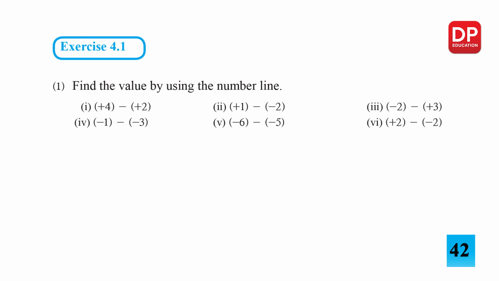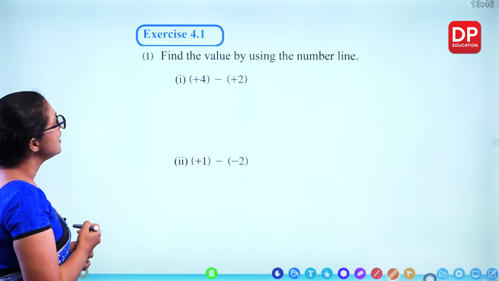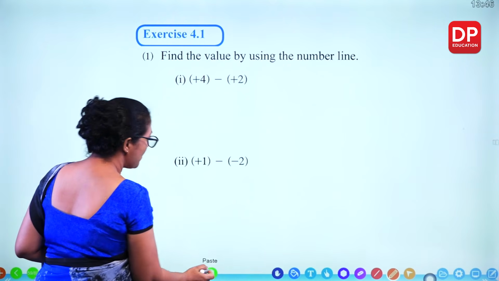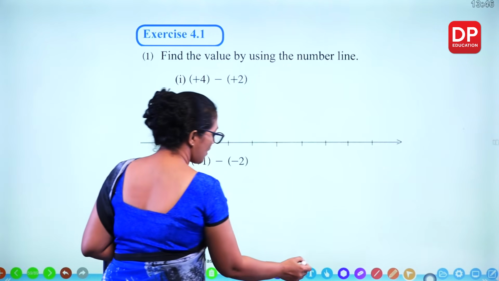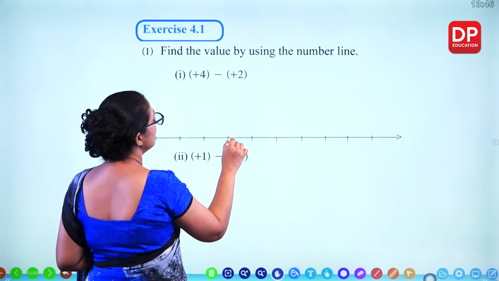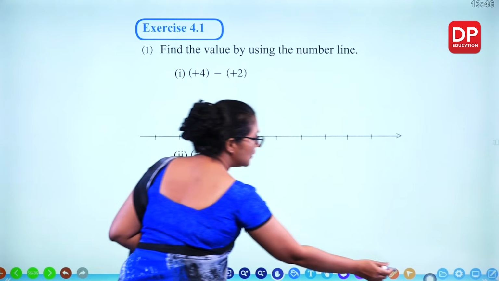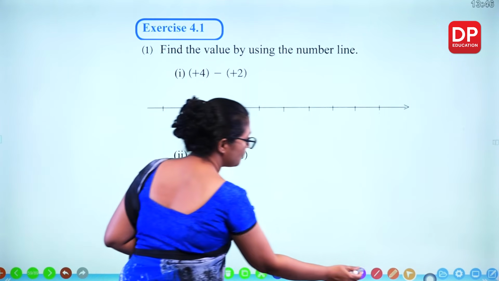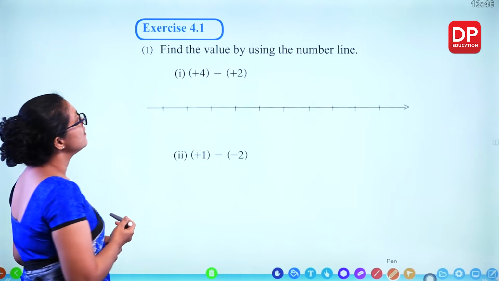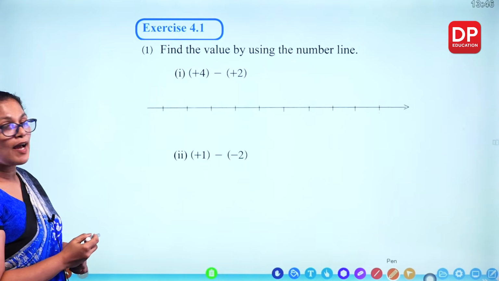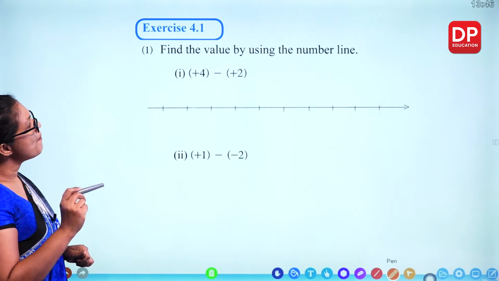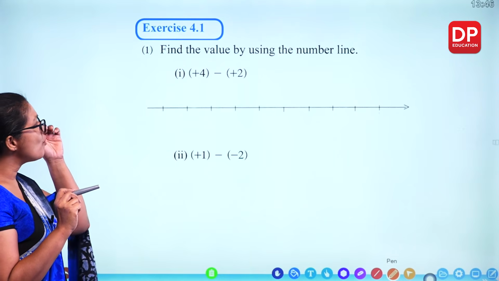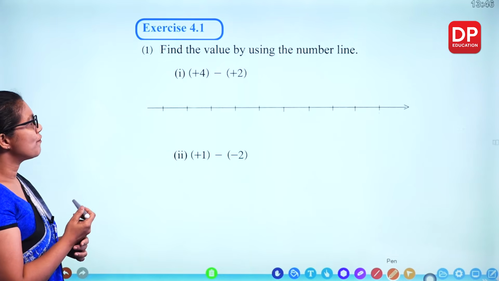Exercise 4.1. Find the value by using the number line. So we'll take the number line. Now how we label? You have to look at starting value is +4 and minus means you are moving to the left.